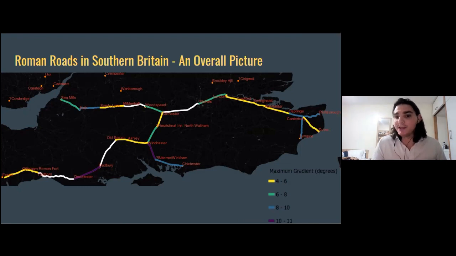So that's potentially one way you could investigate whether routes that are important are reflected in the number of pit stops they have, because that's where the military or the administration would go to pick up new carts and get their horses looked at and so on. So it's definitely a really interesting question and something to look into.